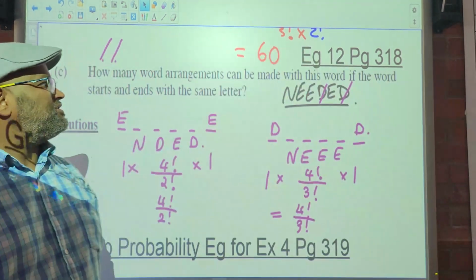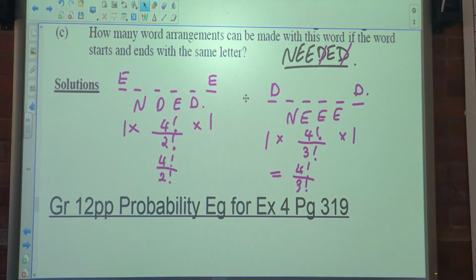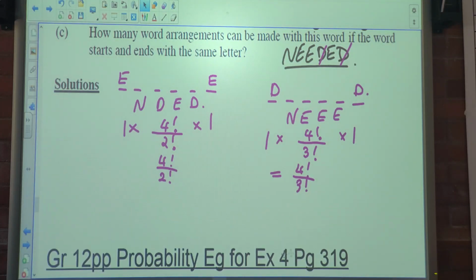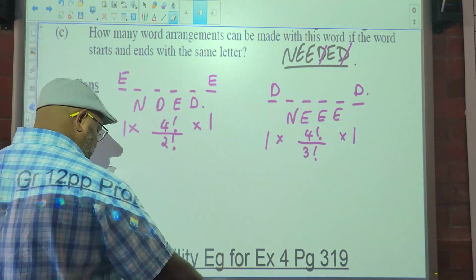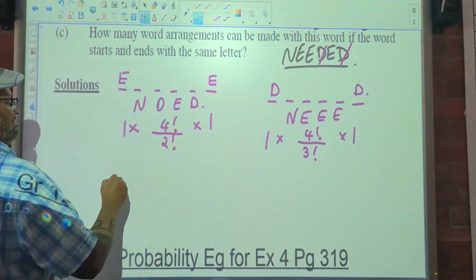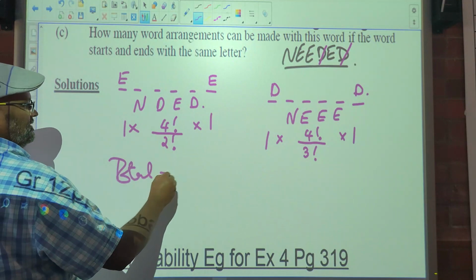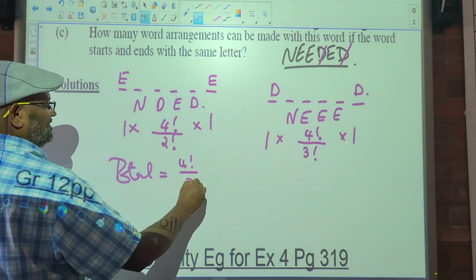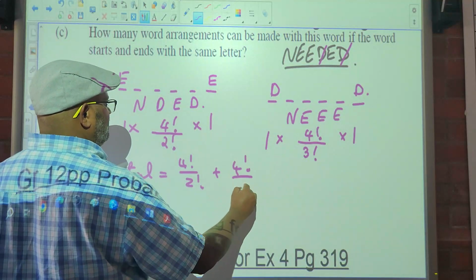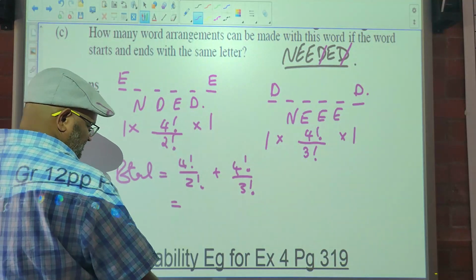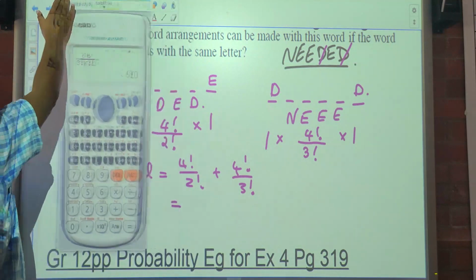But they haven't answered the question. What is the question? How many word arrangements can be made? Can you see that, people? So my total is going to be 4 factorial over 2 factorial plus 4 factorial over 3 factorial. Punch that in the calculator.